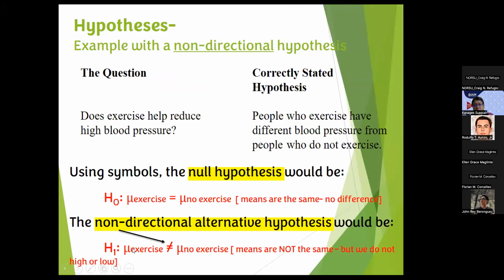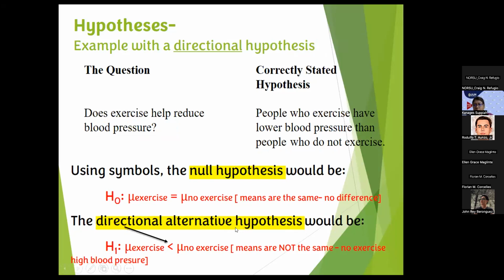Non-directional would be people who exercise do not have the same blood pressure compared to those who do not exercise. This is non-directional. That means we don't say they've got higher or lower. We just say it is not same. That's it. Here it is same, here it's not same. That becomes non-directional.